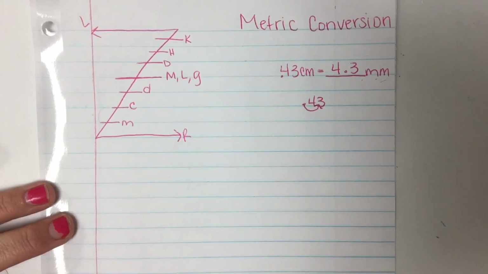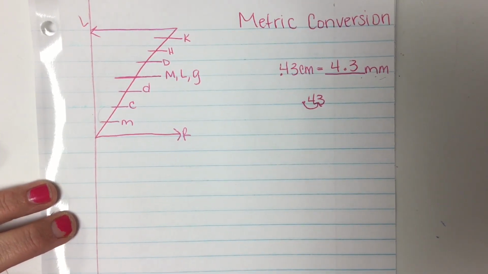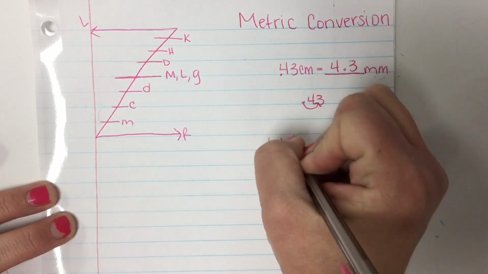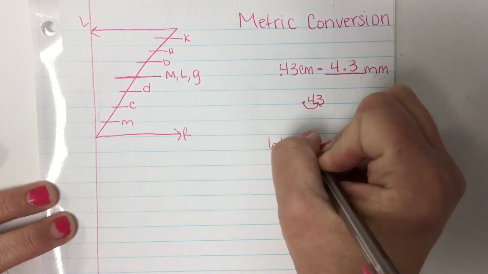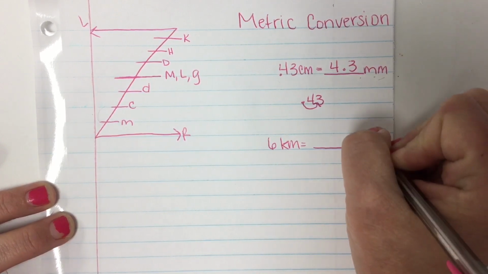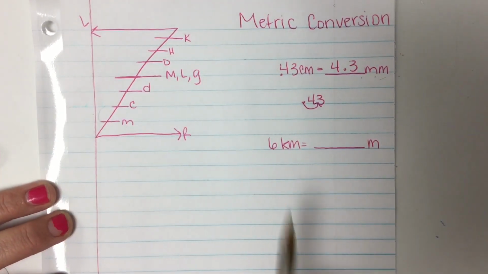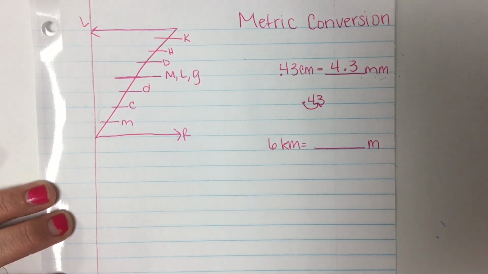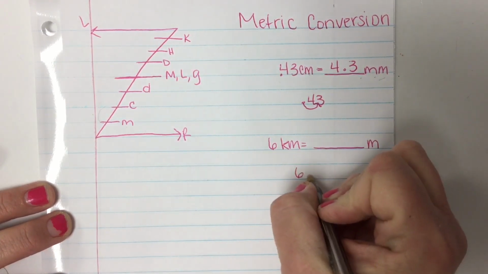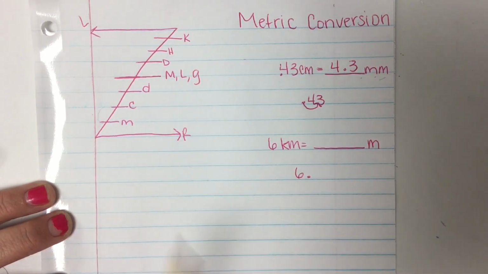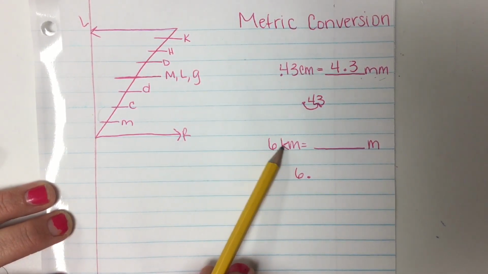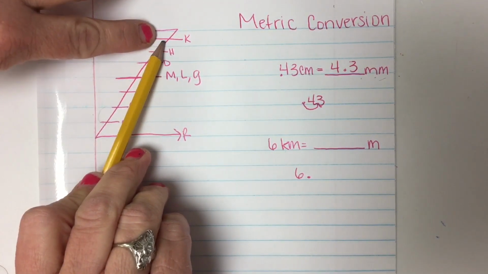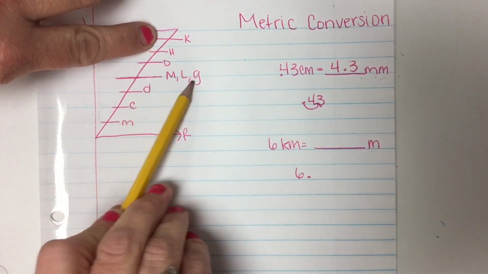Okay, if I have 6 kilometers, how many meters would that be? So 6 kilometers equals how many meters? I'm going to rewrite the number 6 and put my decimal. I'm going to find km, so I find the k, and I'm going to the m. Now remember, if I'm going to just the m, it has to be this middle one.